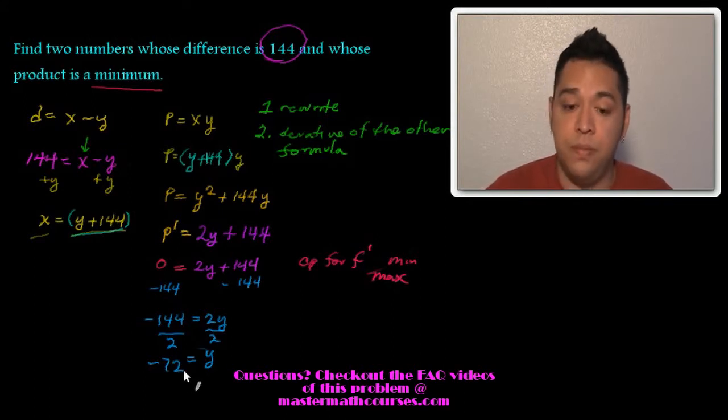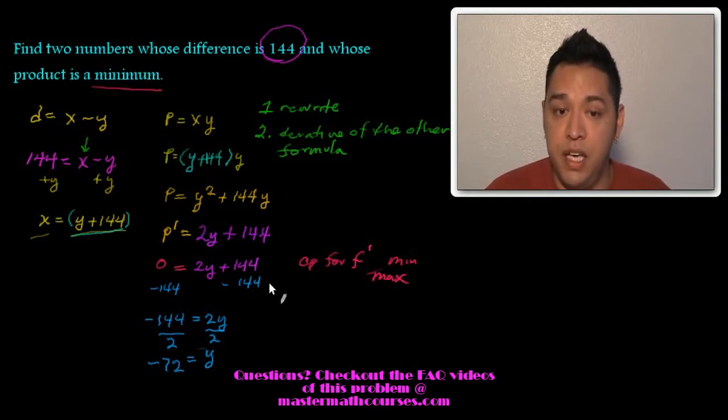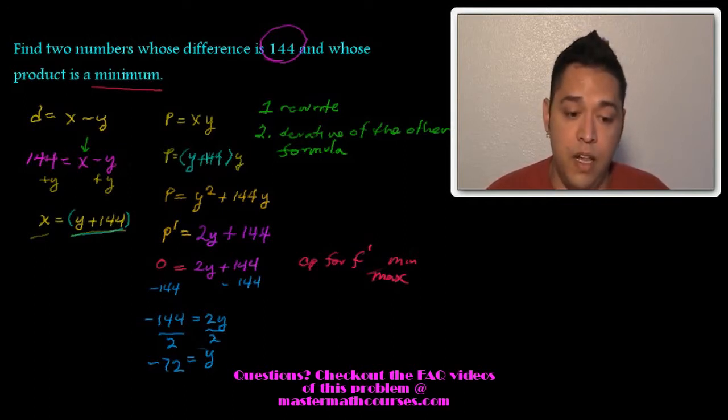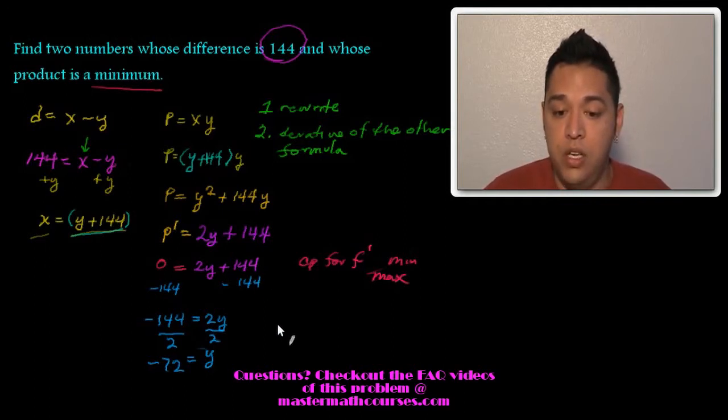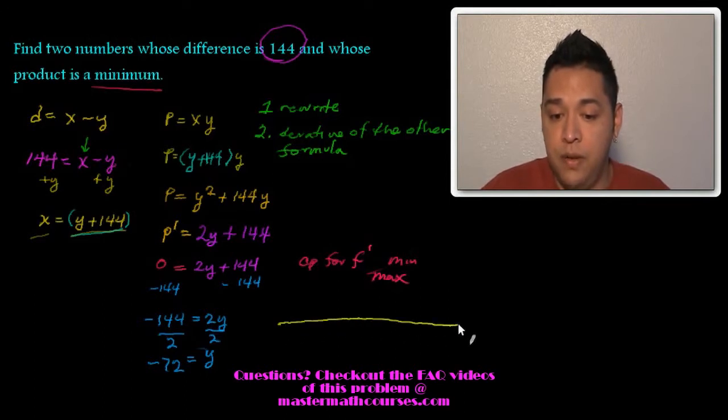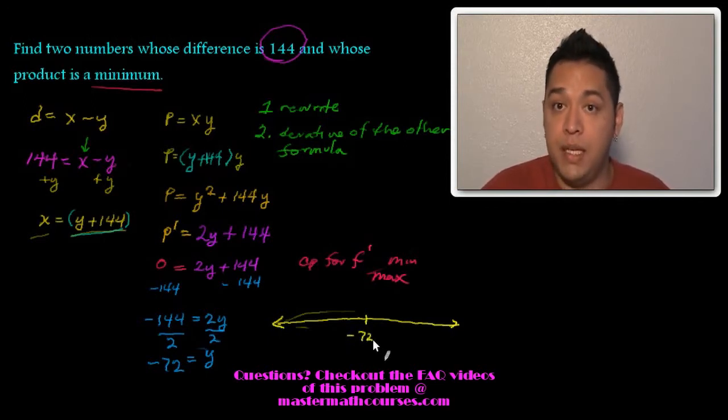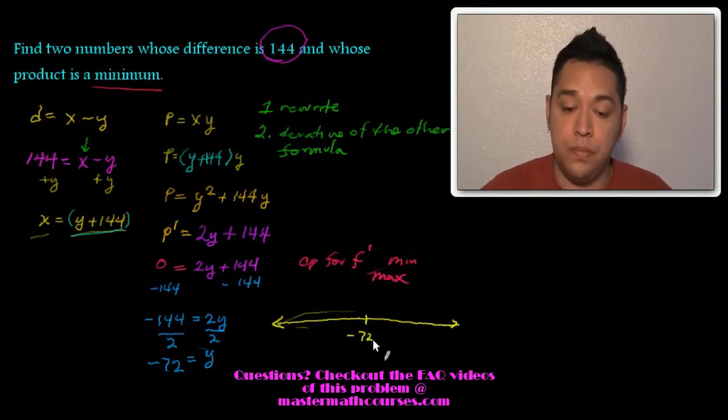That's my y value. Now, I need to decide whether that, in fact, is a minimum value. So what I could do is draw my number line and test to see if negative 72 is a minimum or a maximum. Hopefully it's a minimum.